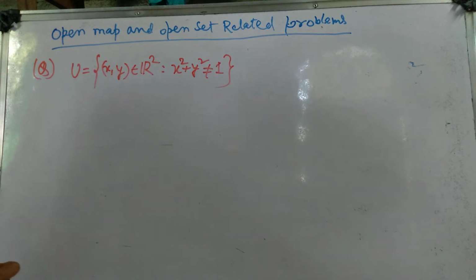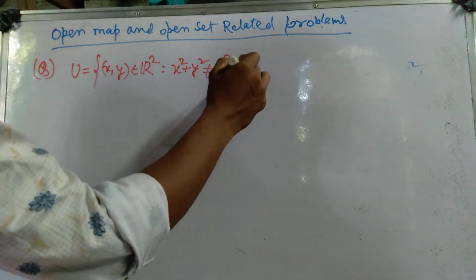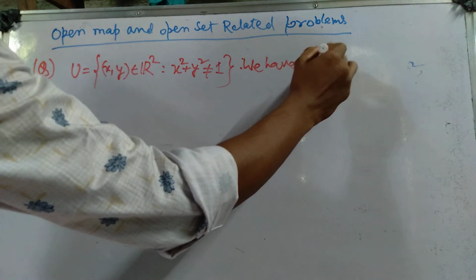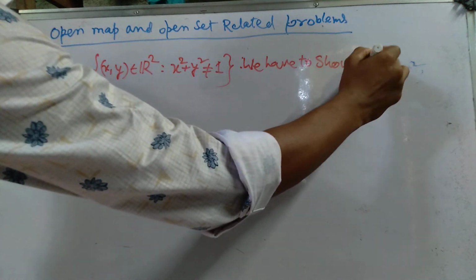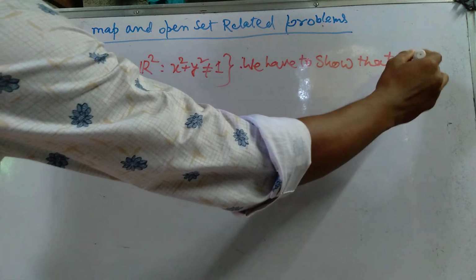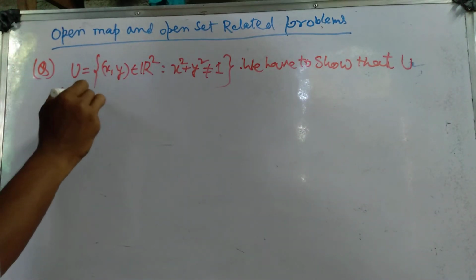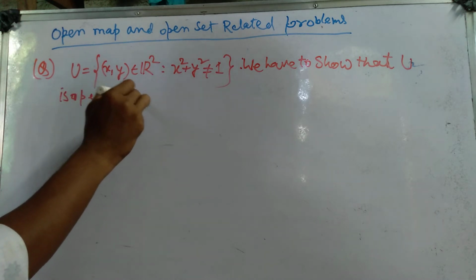Then U is open in R square. We have to show that U is open in R square.